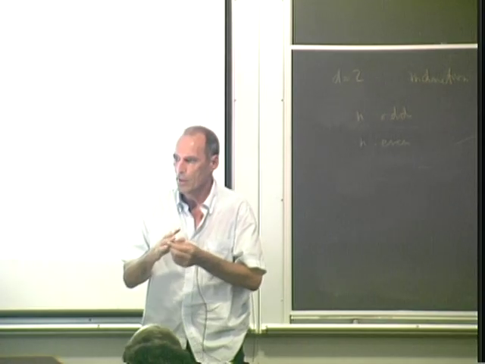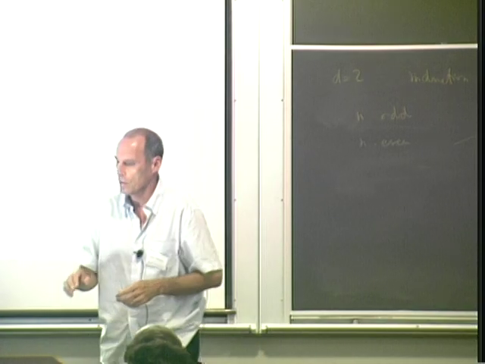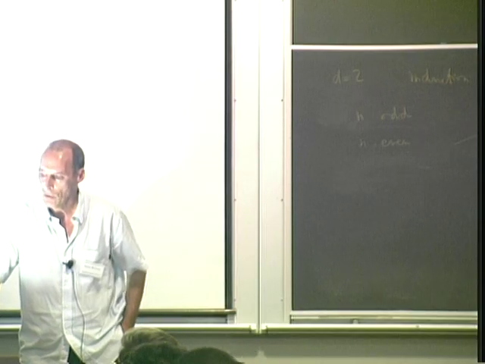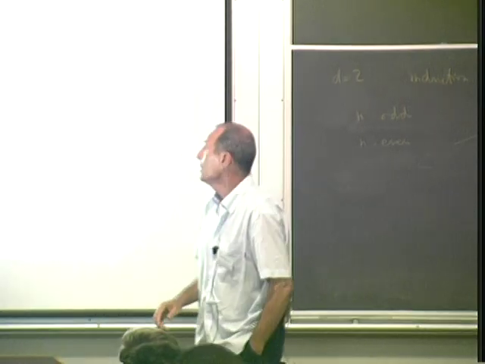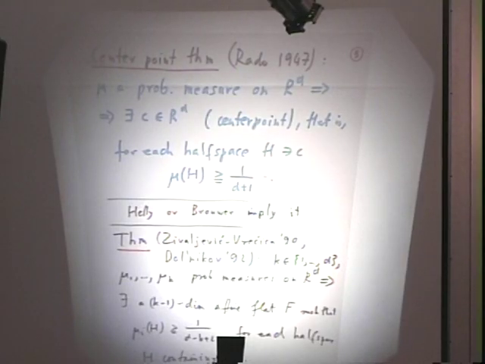The center point theorem of Rado says that if you are given a probability measure on R^d, then it has a center point. A center point is a point such that no matter how you pick a half space containing that point, that half space has measure at least 1 over d plus 1. You can prove this using Helly's theorem, which was the original proof, or Brouwer's fixed point theorem. Both of them imply it.